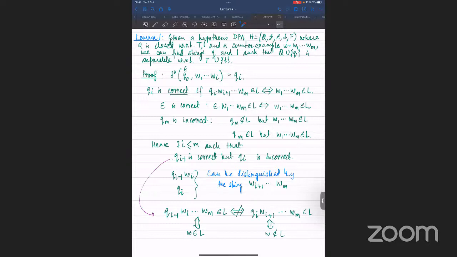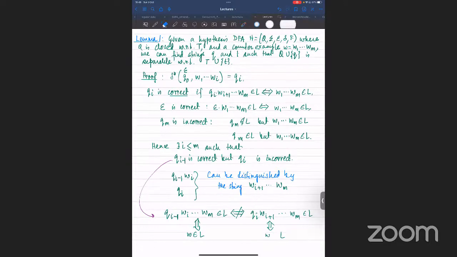So are you getting confused here? So if I would have said that this is the case, then just look at this part. Then Qi is correct. If this is the case, then Qi is correct. Is it okay now?